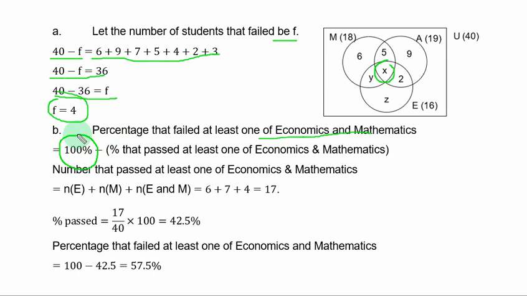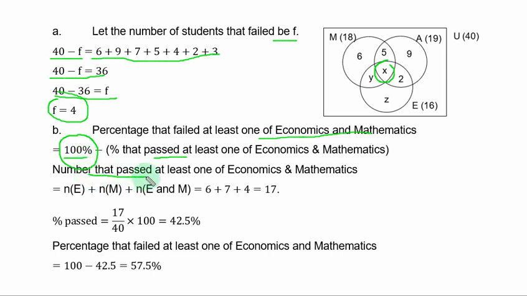For you to get those that failed at least one of economics and mathematics, you need to subtract the percentage of those that passed, because it is easier for us to get the percentage of those that passed at least one of economics and mathematics. Once you get that percentage, you subtract it from 100. That gives the percentage of those that failed at least one of economics and mathematics.